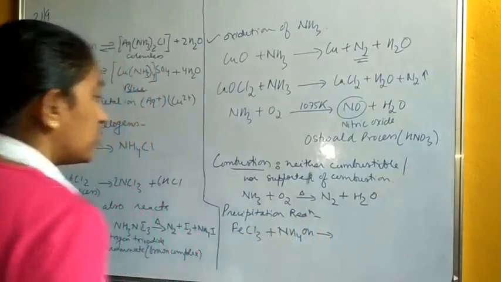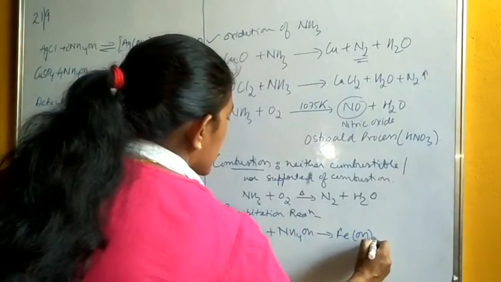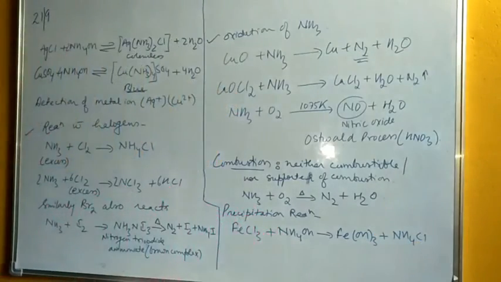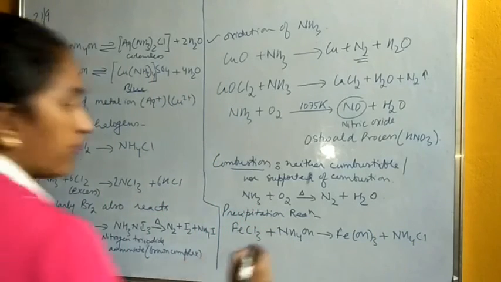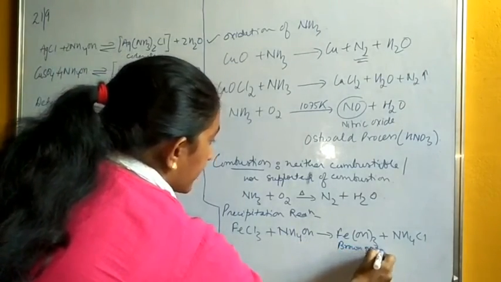Right? So here the products which are going to be formed are ferric hydroxide Fe(OH)3 plus NH4Cl, which will be formed. So it is a precipitation reaction where we are going to get the brown precipitate of ferric hydroxide.